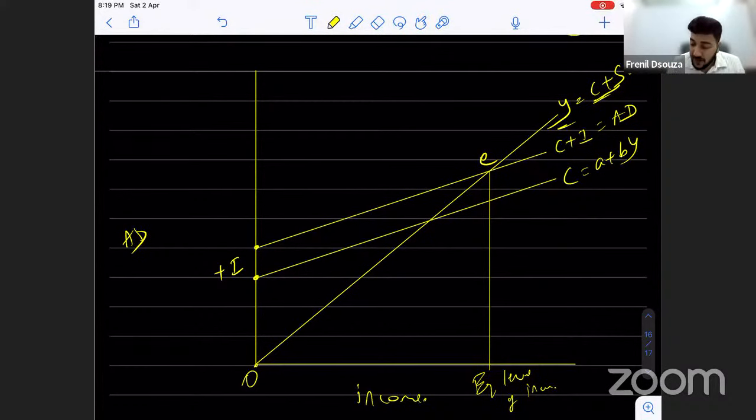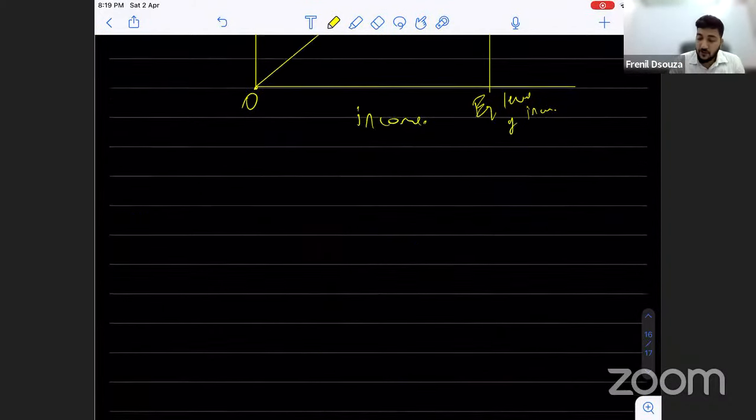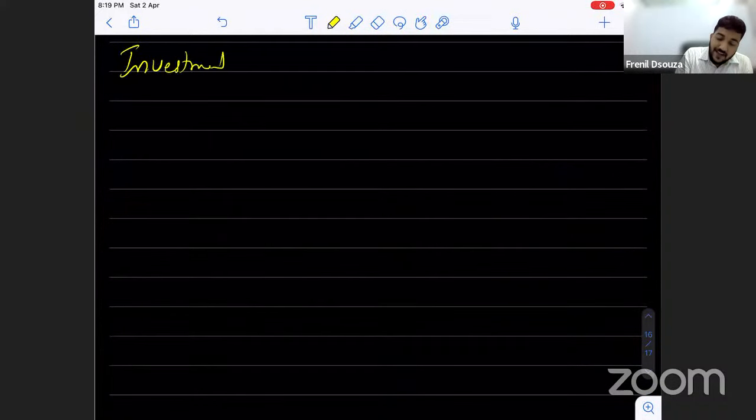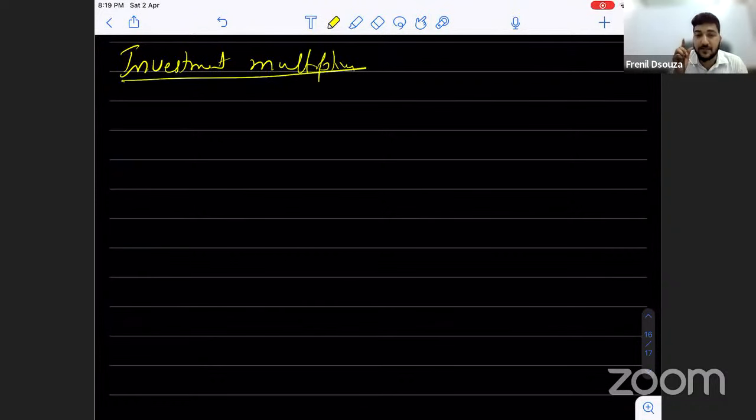Now, what I want to do is take you through the concept of the investment multiplier. The calculation is already available, so I will concentrate more on clearing your concept. That is very important. What is the investment multiplier? Let us just freshen up and take an example.